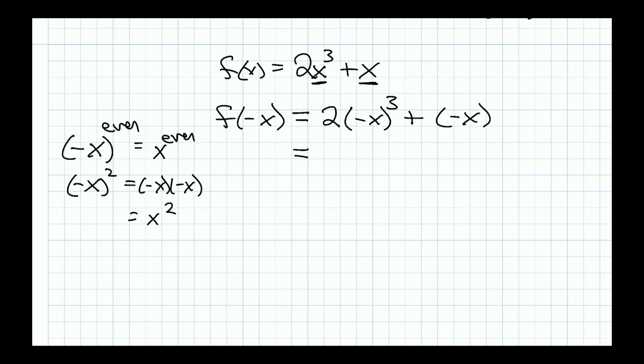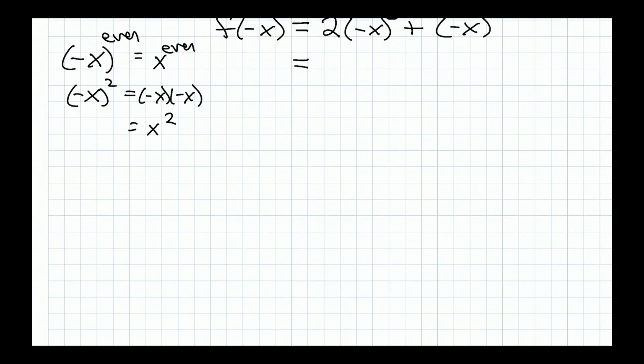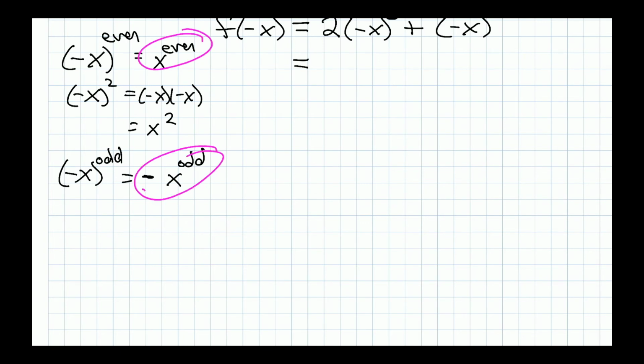But negative x to an odd number works out to negative x to the odd number. So what you need to know is basically just powers: whether you're going to get x to the even or negative x to the odd. So the odd powers have a negative there.